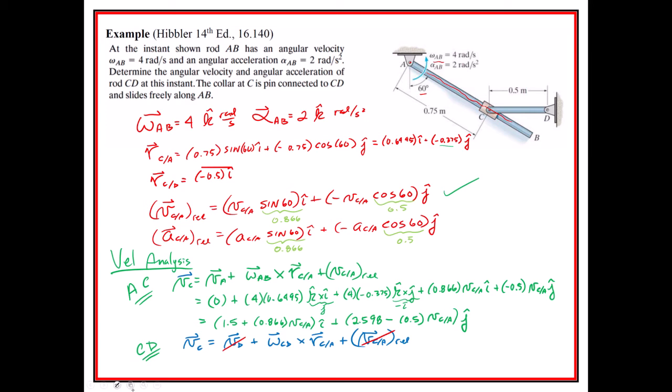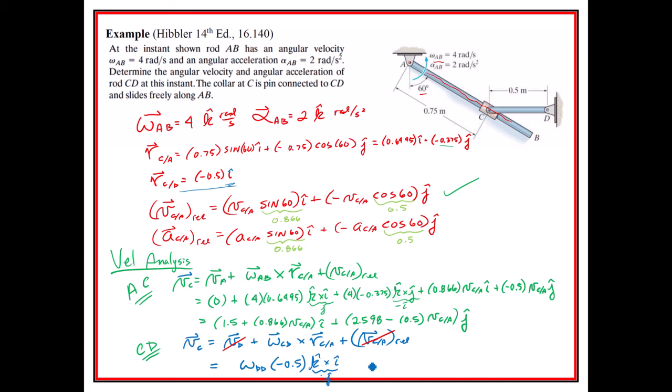So all we're left with is V C equal to omega CD times negative 0.5, because that's this position vector, k crossed with i, which is a j.